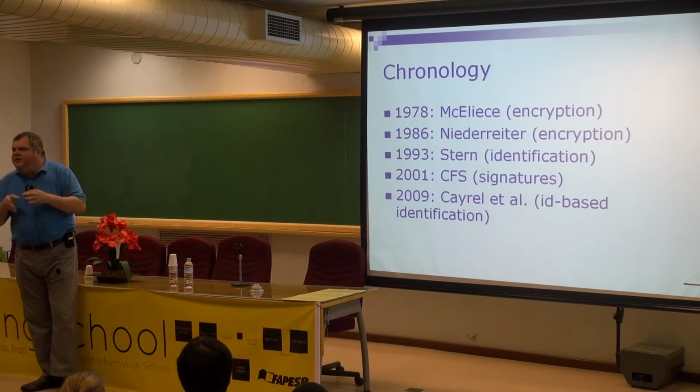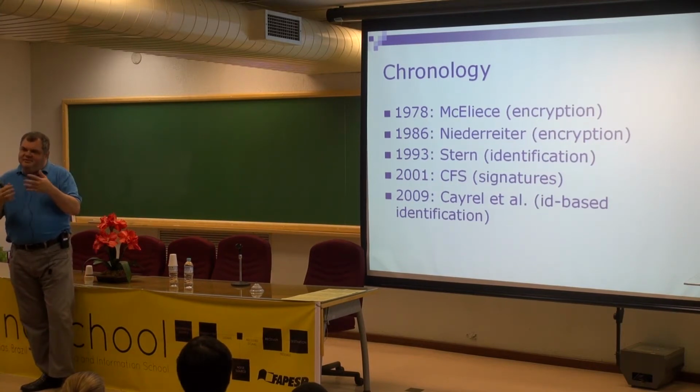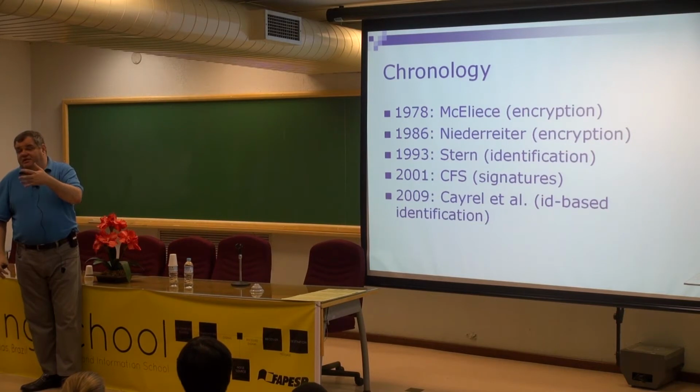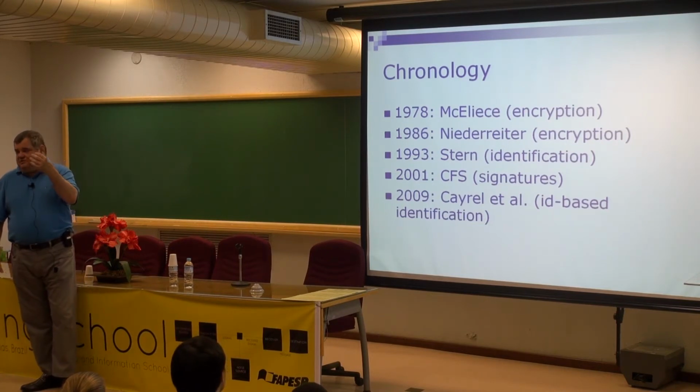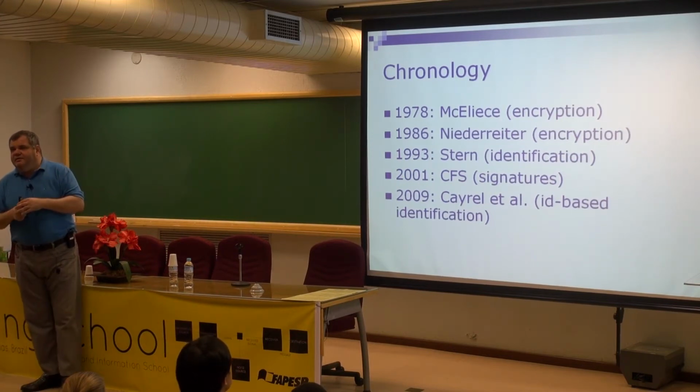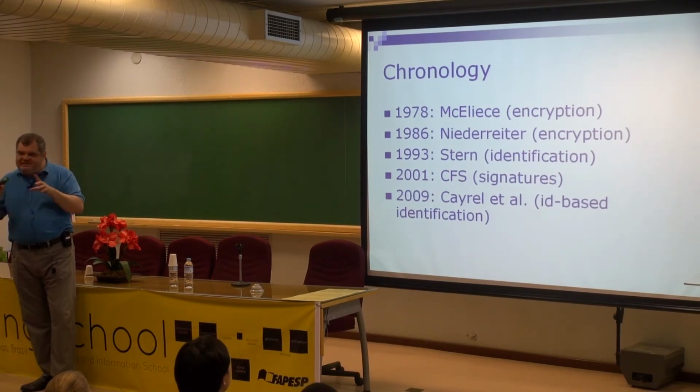When we talk about public key cryptography, what is behind that is that each entity has their own private key and also a public key, so everybody can publish their keys and exchange messages. But we have to compute the public key from the private key.